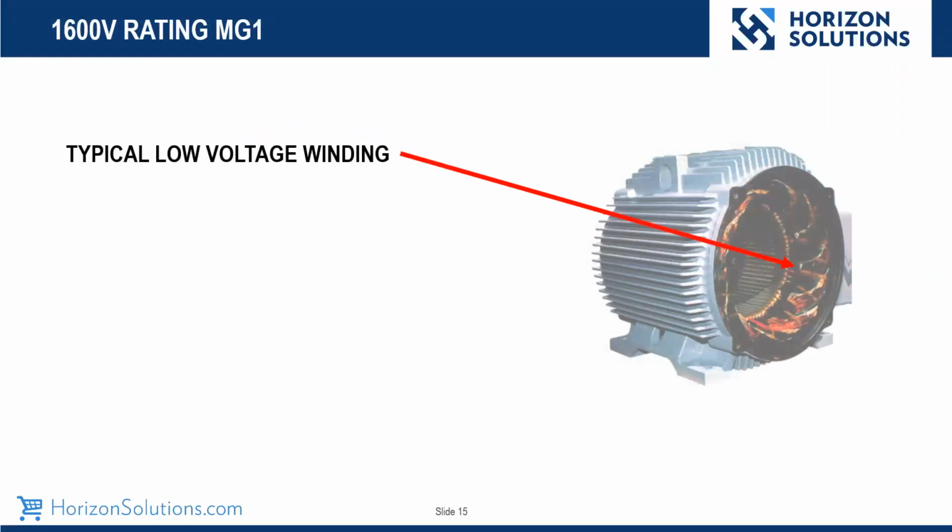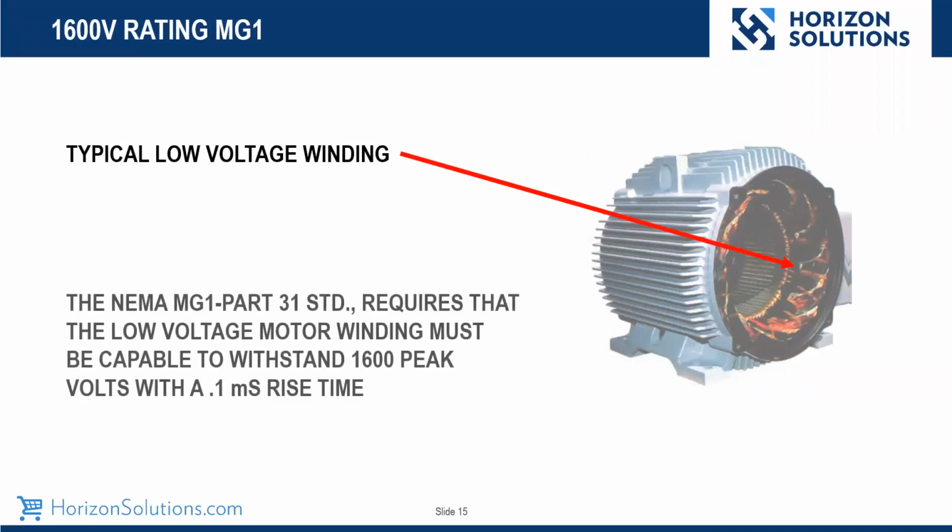So let's just take a peek here, right? As Kevin talked about, we've got a low voltage winding. We've pulled out the rotor so you can see the stator. MG1 Part 31 standard requires that these windings are able to withstand 1600 peak volts. Basically, a 460 volt motor, we'll just take that as an example.